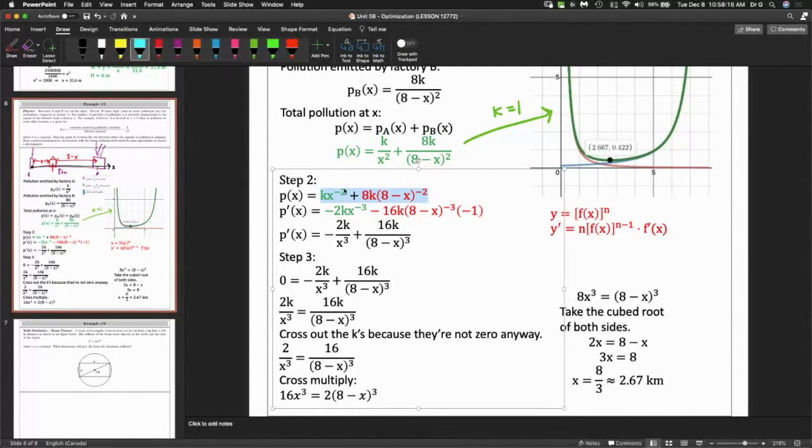The one in green is just the power rule, so you bring the -2 down, and then you make the exponent -3. And for the one in red, you have to use the more advanced power of a function rule over here on the right. And then you bring the -2 down, but then you bring the exponent to -3, and you put the derivative of whatever's in the brackets, which in this case is -1.